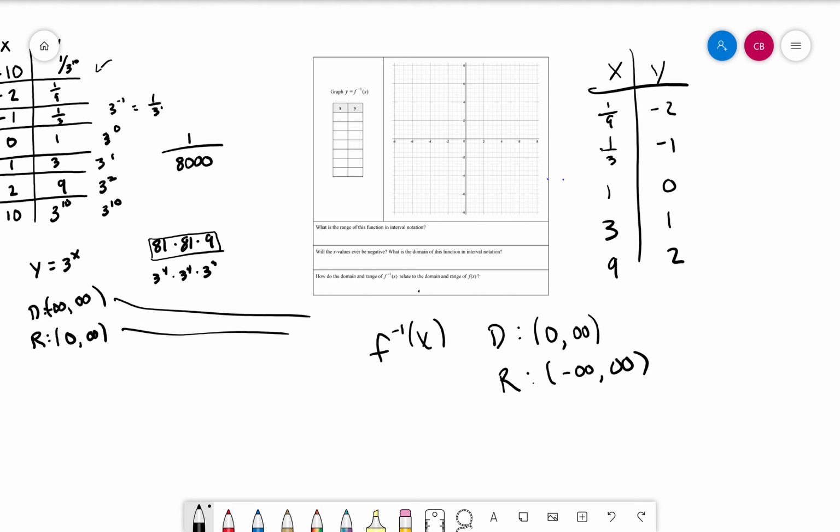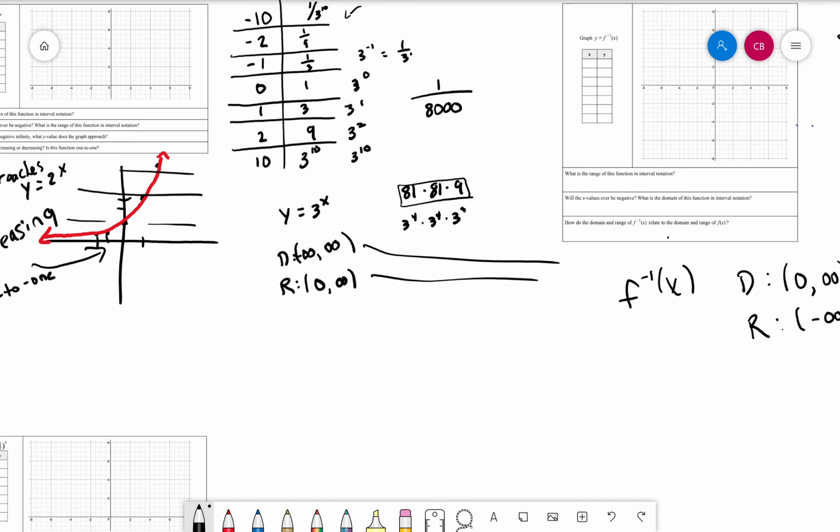So we figured the range out. Will the x values ever be negative? Once again, since they switched, no, they will not. No negative x's. Obviously, that's dependent on if there's a shift or not. If there's a shift, then you can have negative x's, but there is no shift here.